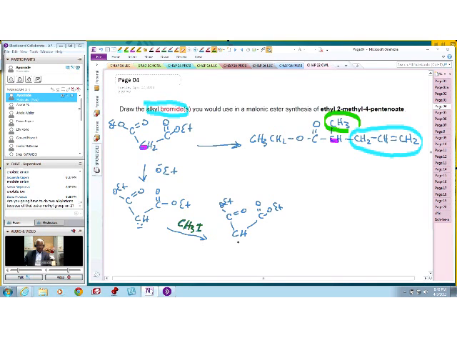And then the methyl group has attached itself to here. And then I do another alkylation. Once again, ethoxide again, which now means that I will get another enolate anion.